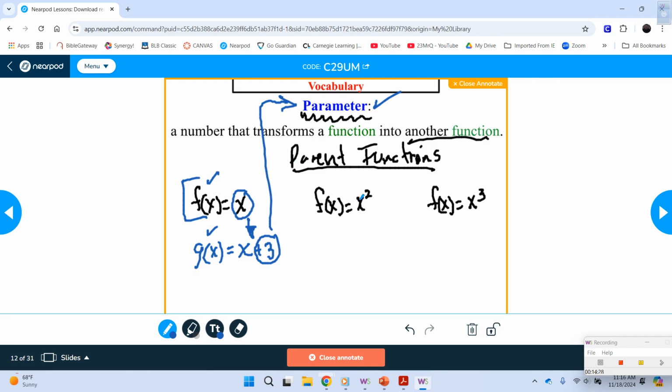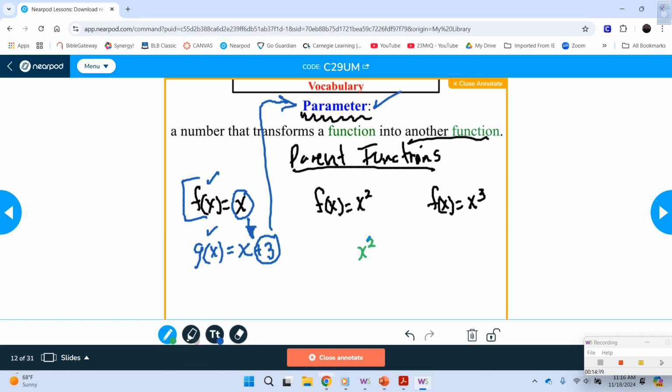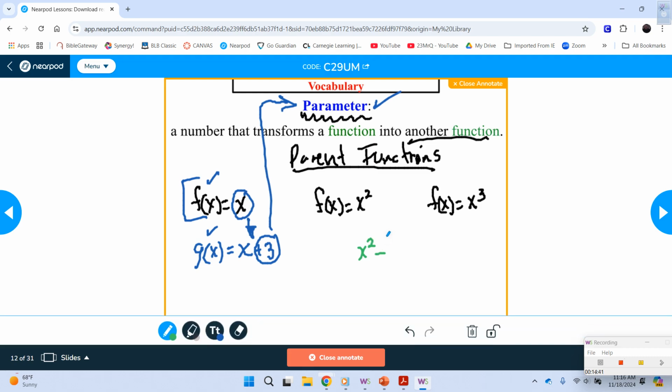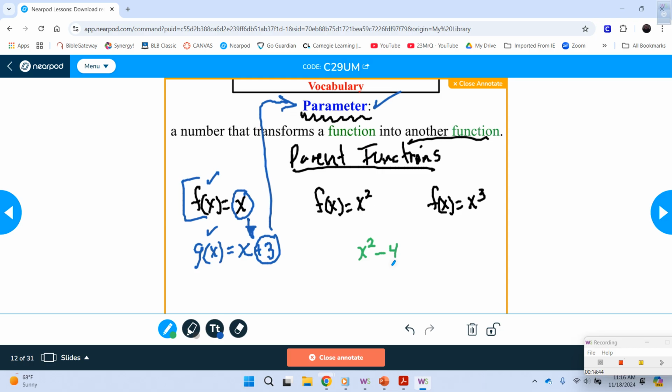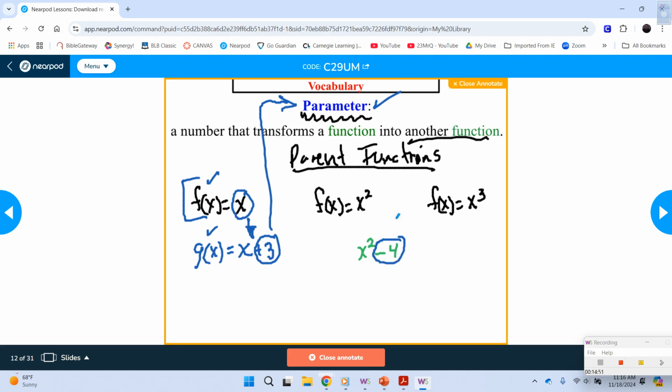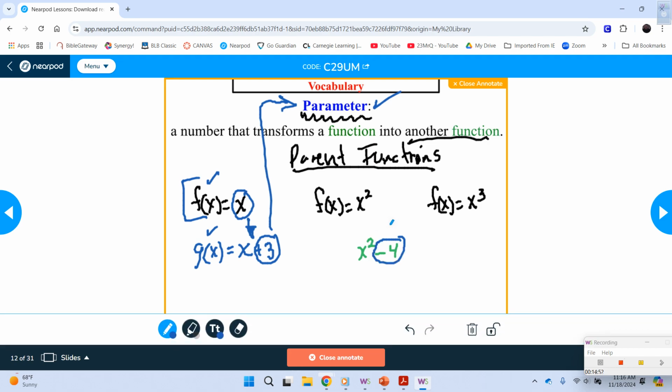So, with that said, I'm going to change this next one. Instead of just x squared, I'm going to write x squared minus, give me a number, 4. X squared minus 4. So therefore, question, what do we call this -4, everyone? We call it a what? Parameter, because it changes the original by doing something with a number.